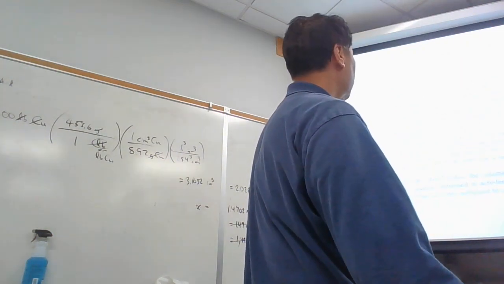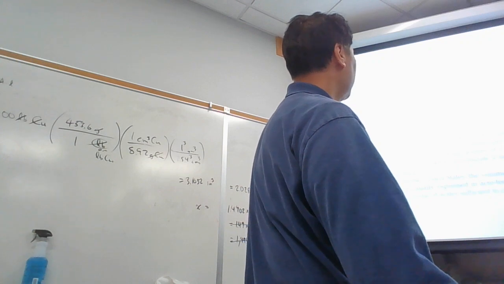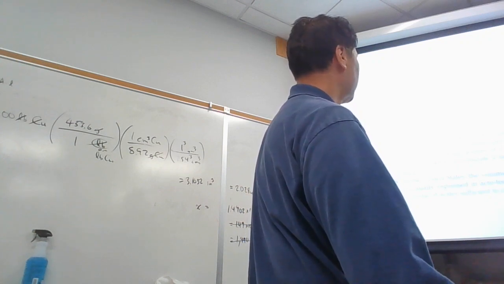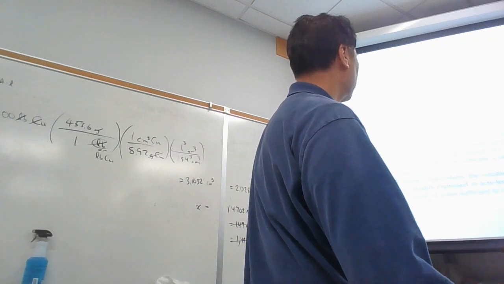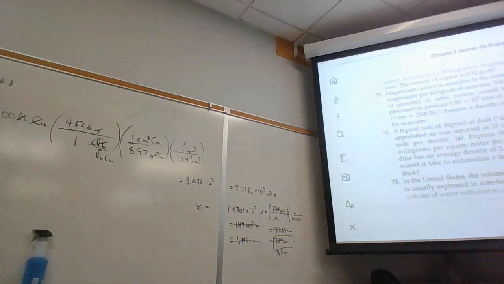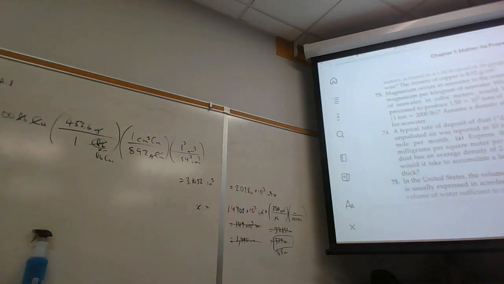All right, let's look at number 74. The typical rate of deposit of dust fall from unpolluted air was reported as 10 tons per square mile per month. And so this is like a composite unit type thing where we have multiple units in here.